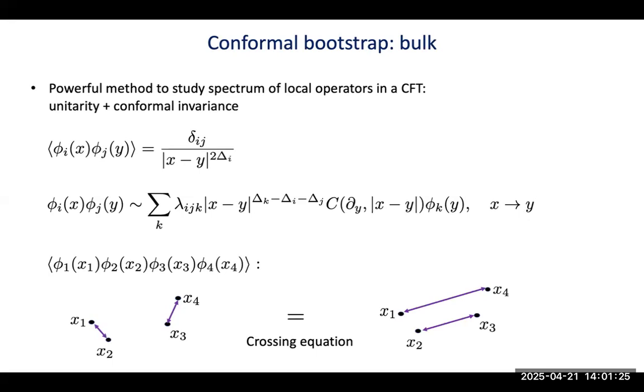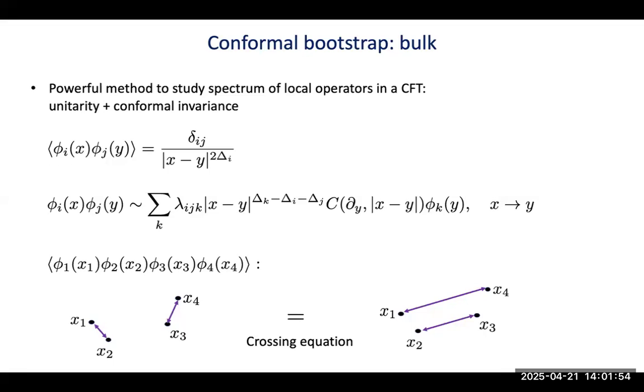So we are starting with a conformal field theory in the bulk. Bootstrap is a powerful method that relies just on unitarity and conformal invariance and other symmetries. The main players are local operators that organize themselves into towers under the conformal symmetry, with primaries carrying a well-defined scaling dimension.